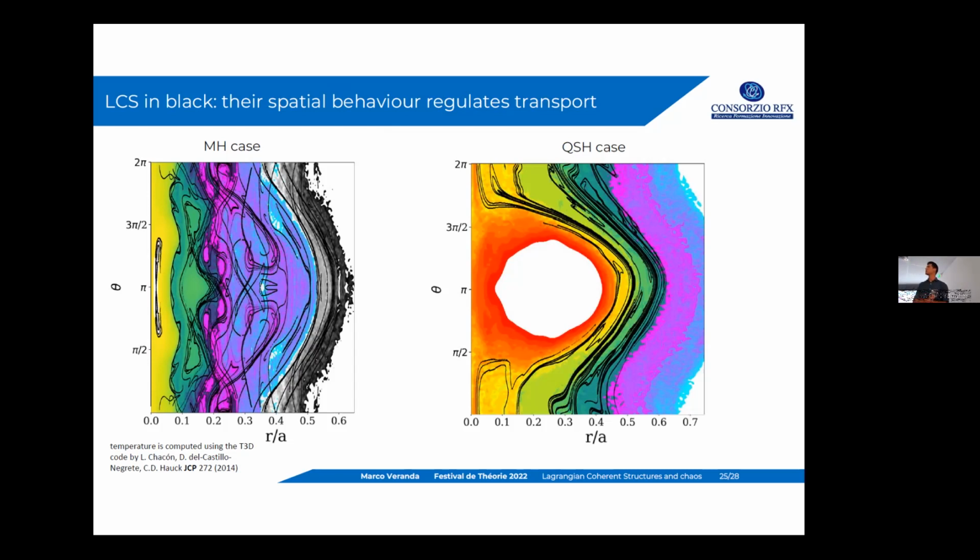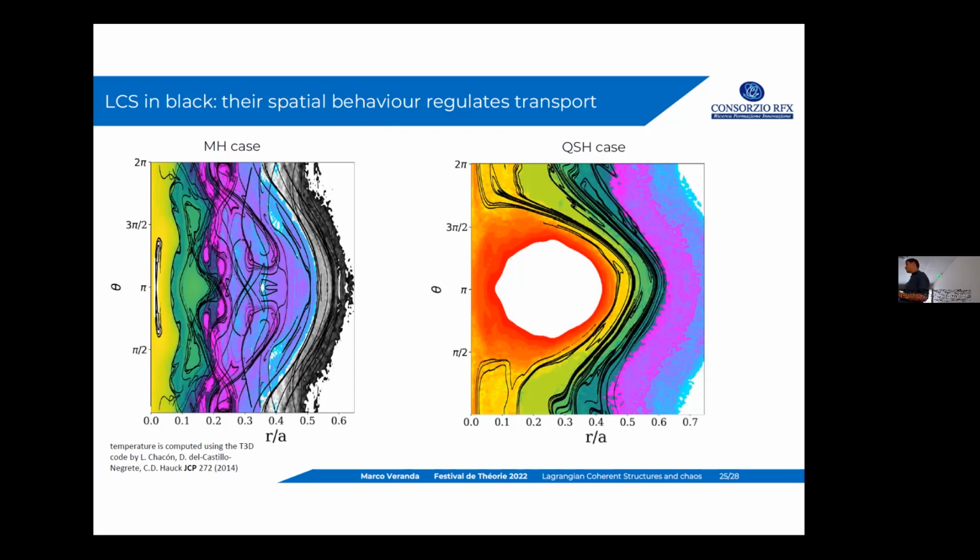And how does it compare to the experiment? We are not yet quantitative on that aspect.